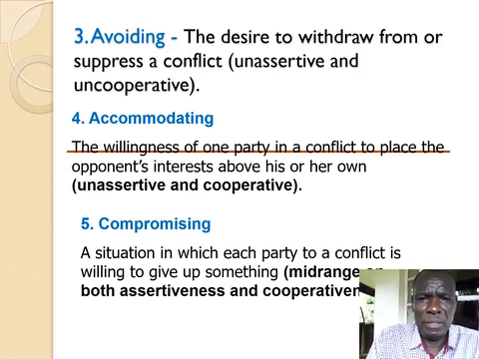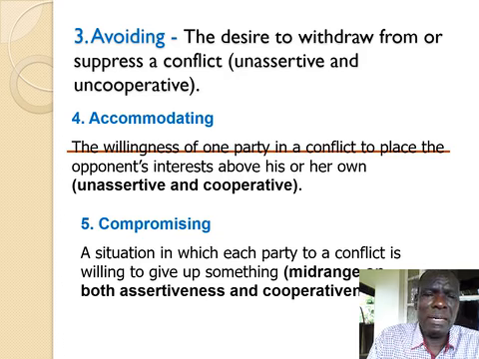So you withdraw your own personal interest, and then you cooperate with the party to the conflict. This is accommodating. This is important because you want the other party to take the day so that this conflict is minimized or actually solved.